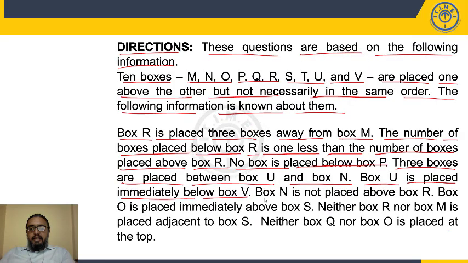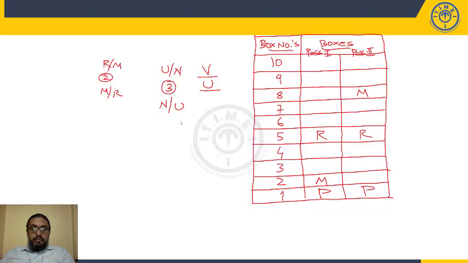And then box N is not placed above box R. Now see what he says, not placed above. N is not placed above R, means N has to come below R. So not placed above means below. So wherever R is, N has to come below R. Are you understanding the point here?